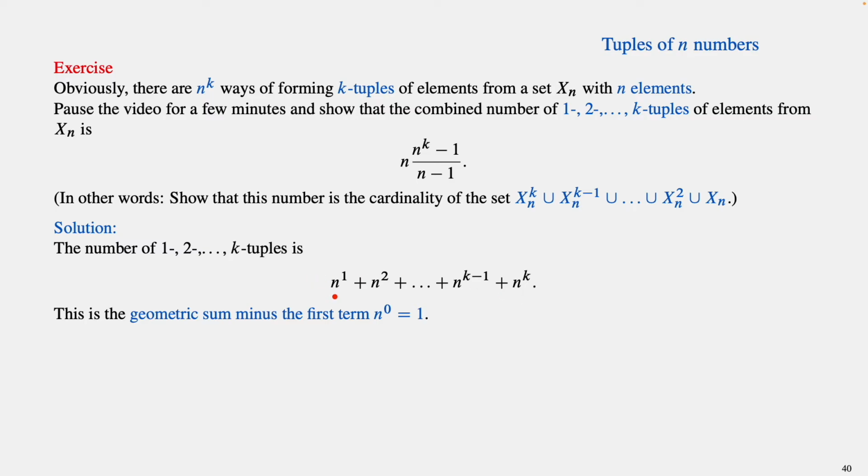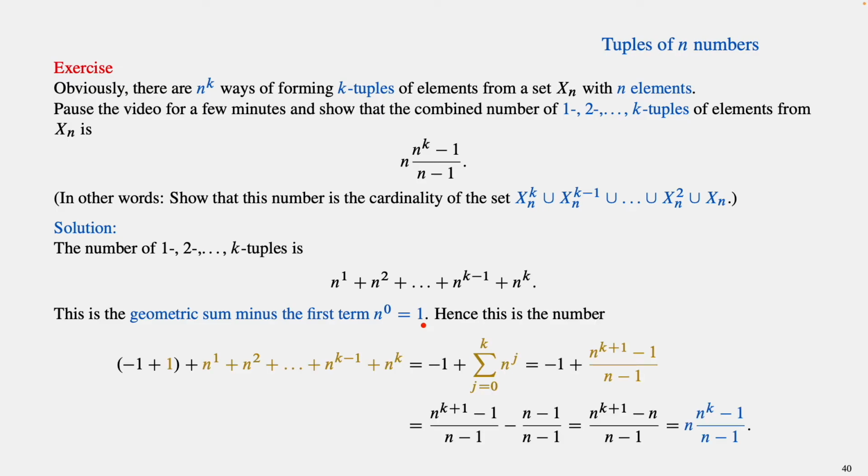Now, this should remind you of the geometric sum, because this is precisely the geometric sum minus the first term for the 0th power, so minus n to the power of 0 equal to 1. So we can rewrite this by adding 0 in the beginning, and I write 0 as minus 1 plus 1. And then with the 1 minus 1 I have here, I have indeed the geometric sum.